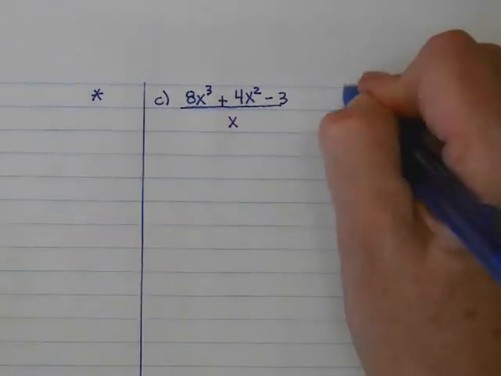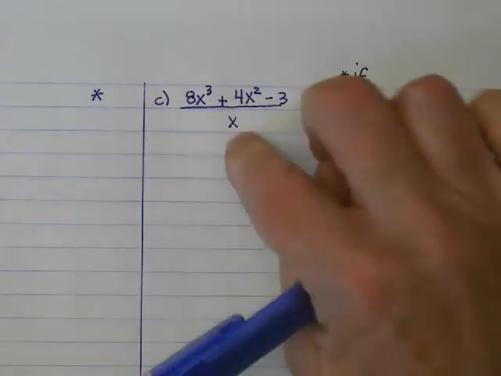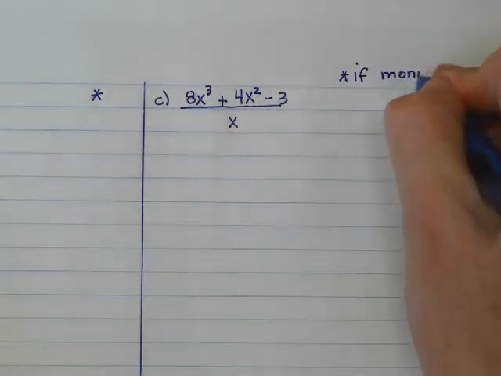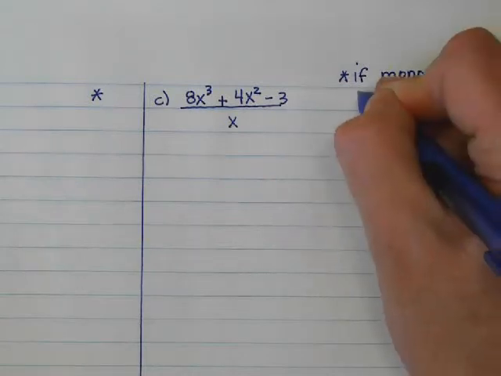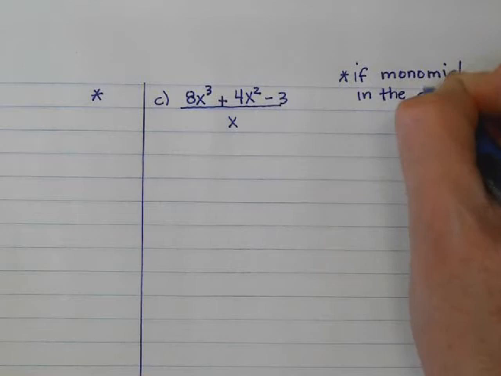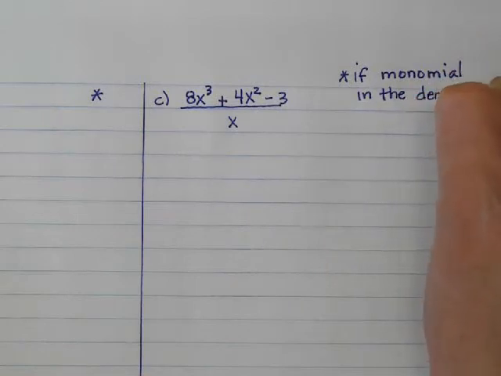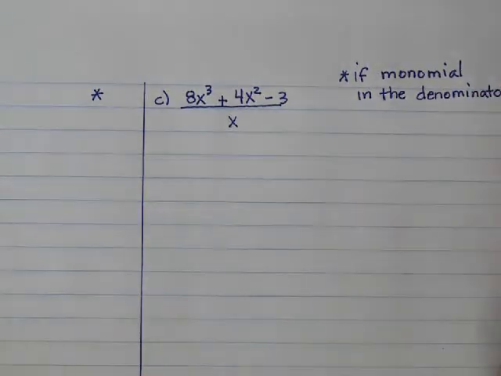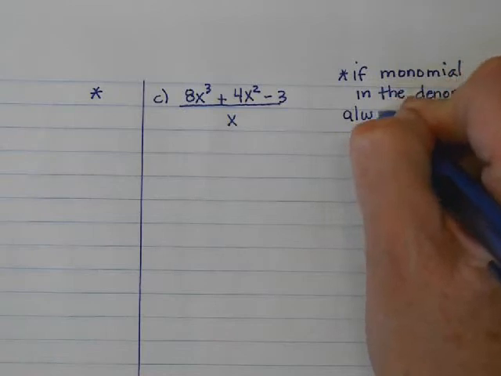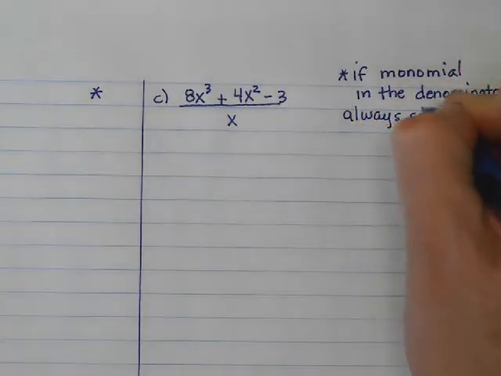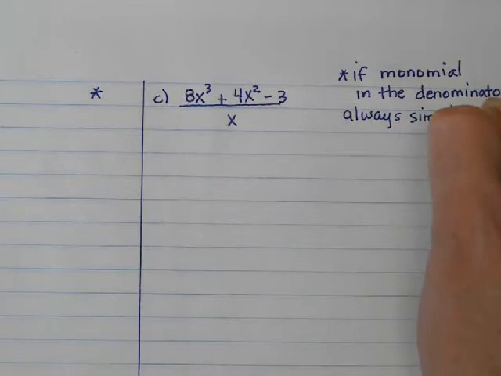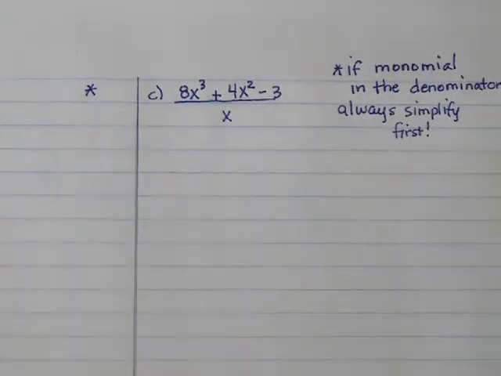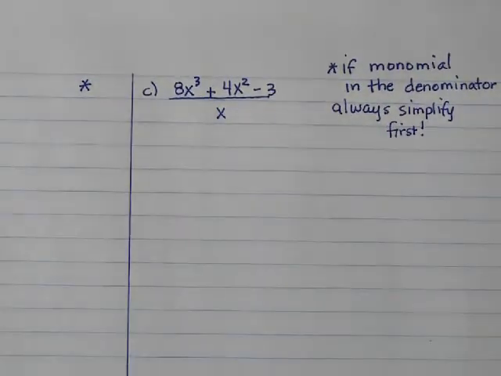Okay, so if there's a monomial down here, in the denominator, you're going to always simplify first. Because the power rule is the easiest rule to use. So we don't want to use any other rules if we can use the power rule.